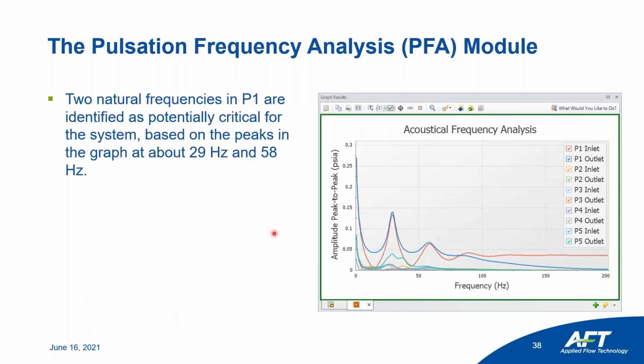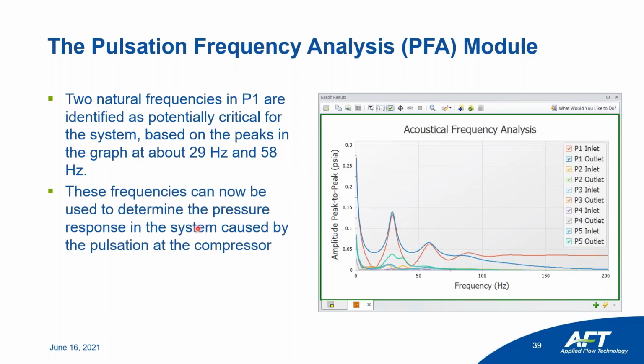Here we have the response in the frequency domain, the peak-to-peak amplitude, and we see that two natural frequencies in pipe 1 are identified as potential critical system frequencies. We can see them here at a high, and here at a high, at 21 hertz, at 58 hertz.